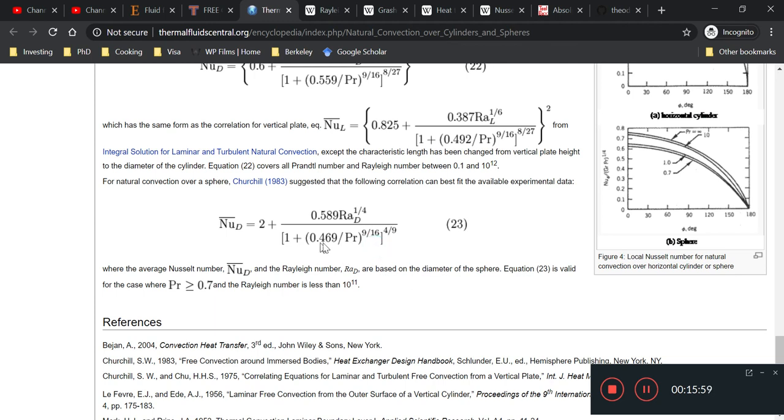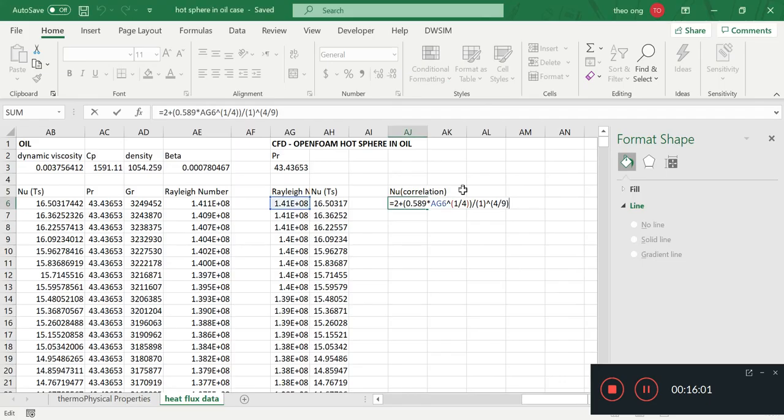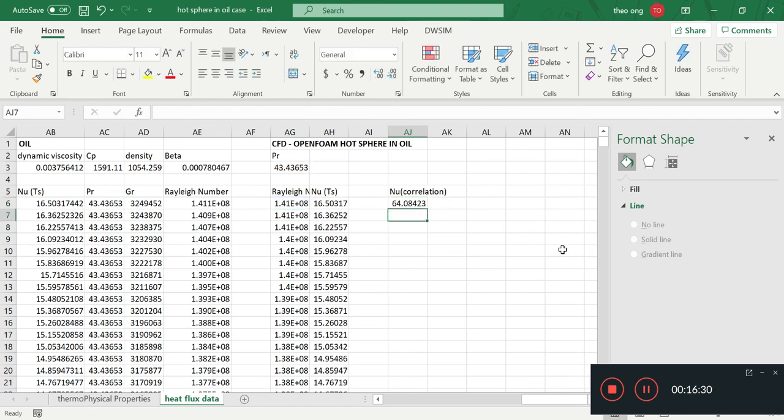So 0.469 over Prandtl is the next part. Bracket 0.469 over Prandtl, divide by the Prandtl number, which is here. That's the next part, and I'll need to put that to a 9 over 16 power.